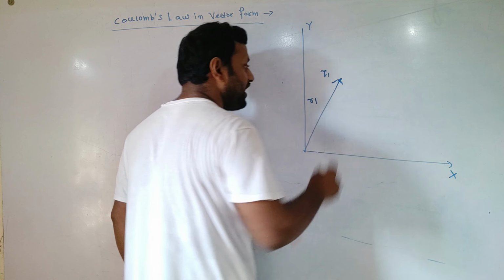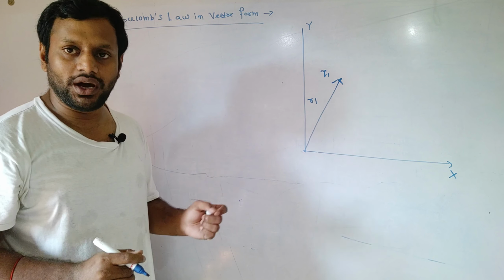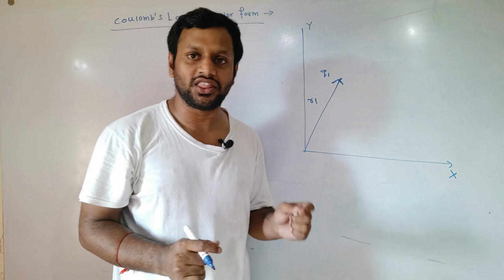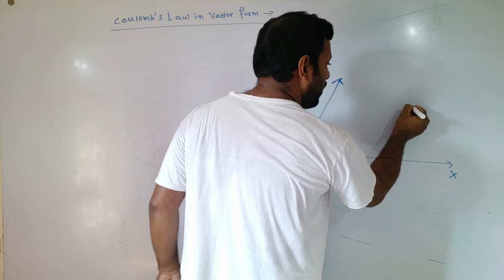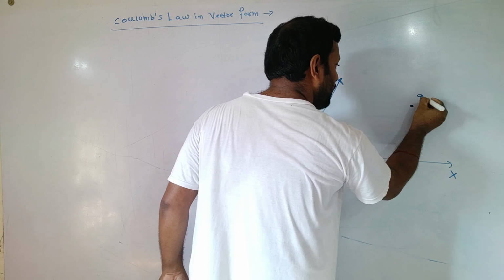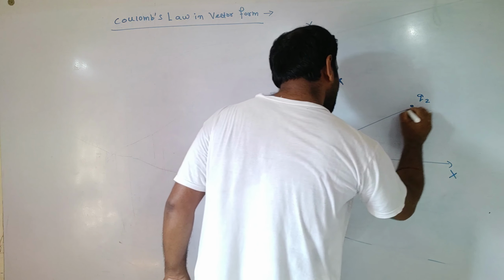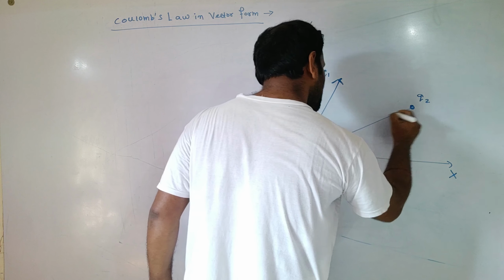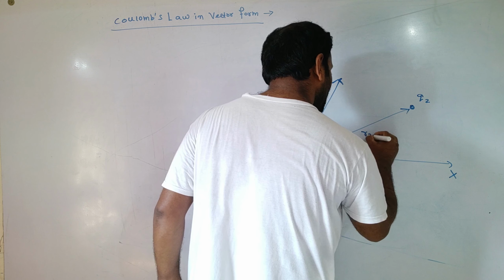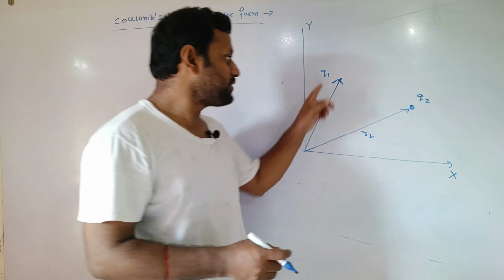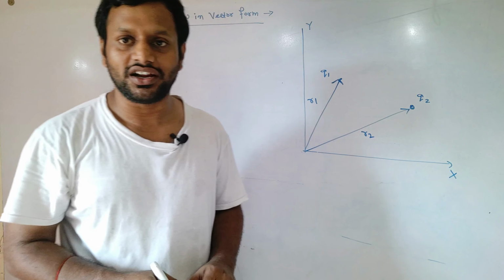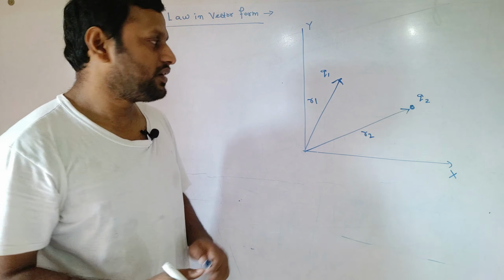Suppose there is a point charge q1 which is situated at the position vector r1. Another point charge, suppose q2, is situated at the position vector r2. So there are 2 point charges q1 and q2 situated at the position vectors r1 and r2.